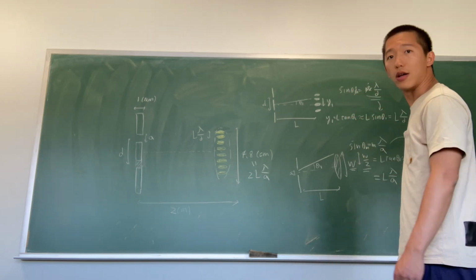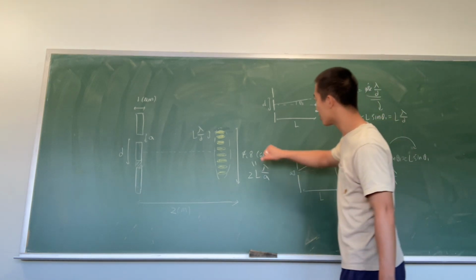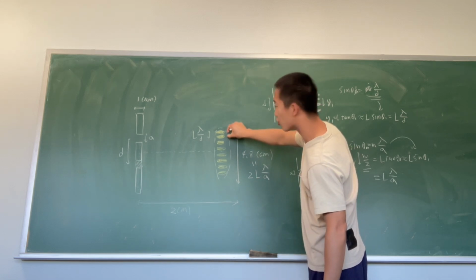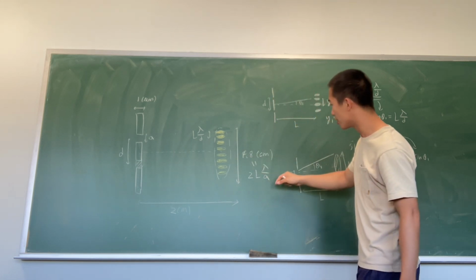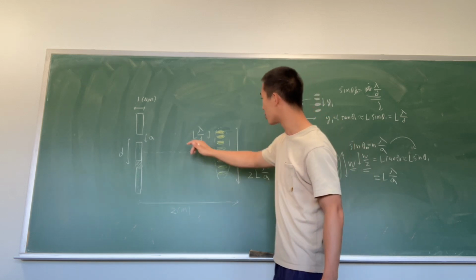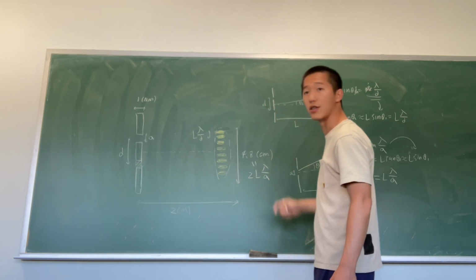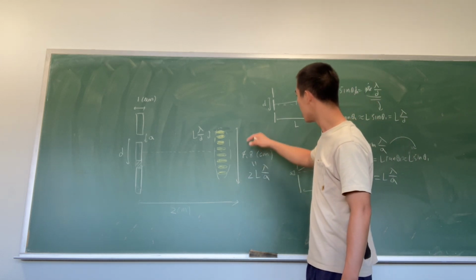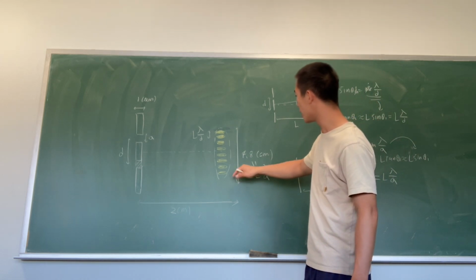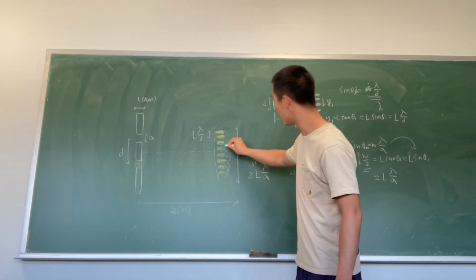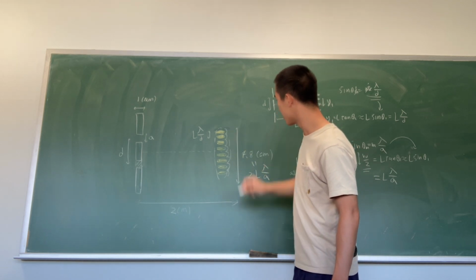So by looking at the ratio between the width of the center bright spot and the spacing between the bright fringes, we can get the ratio between A and D, since the distance to the screen is the same and the wavelength of the laser is the same. Now, we see that this center bright spot is as wide as 1, 2, 3, 4, 5, 6, 7, 8.